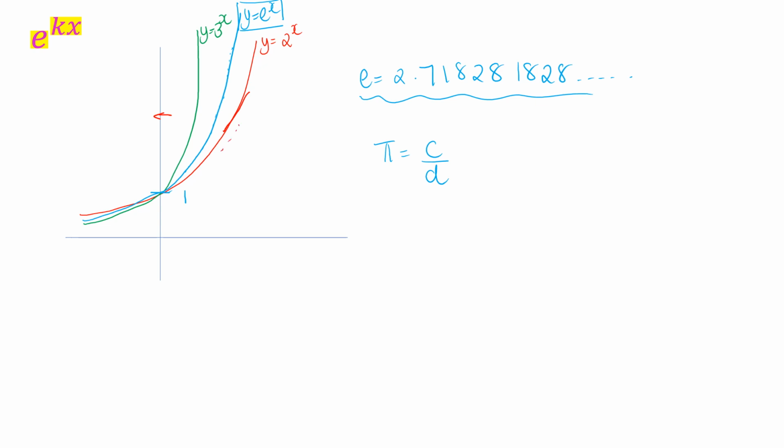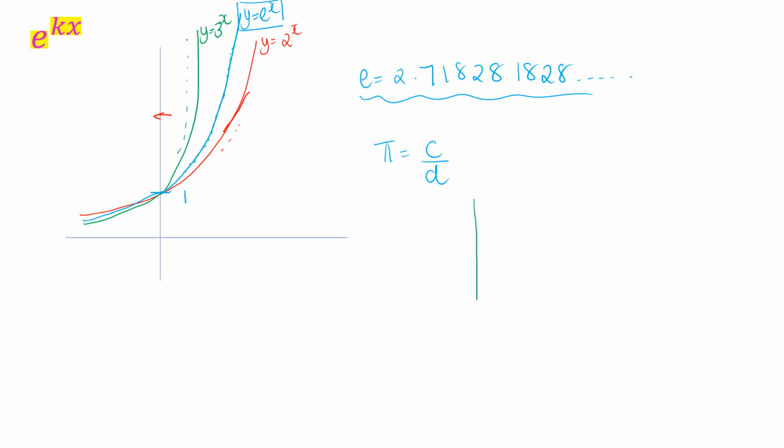You can see that all the lines are increasing, so the gradient is increasing, but the gradient of 2 to the x is slightly behind the function, and for 3 to the x, the gradient is slightly in front of the function. It's growing rapidly, but e to the x is the one function that actually maps onto itself.